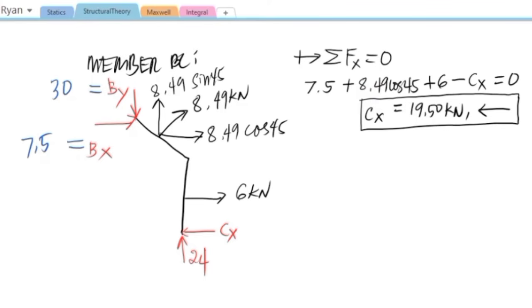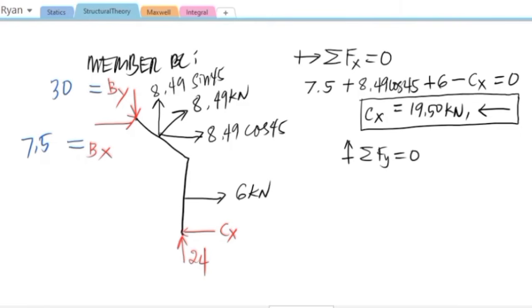So, in order for us to check whether the system is in equilibrium or not, for the purpose of checking, we can summate forces vertical, that should be equal to 0. So, summation of forces vertical is equal to 0, taking the upward direction as positive. So, the vertical forces are the BY, the vertical component of 8.49, and the reaction CY.